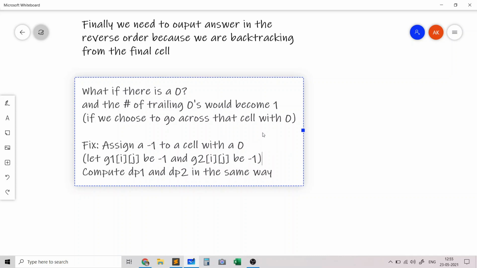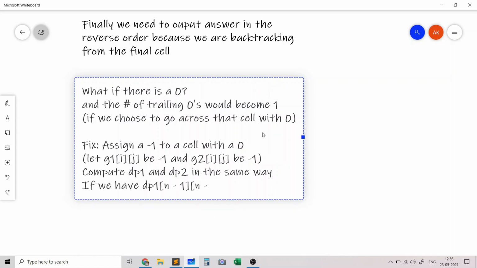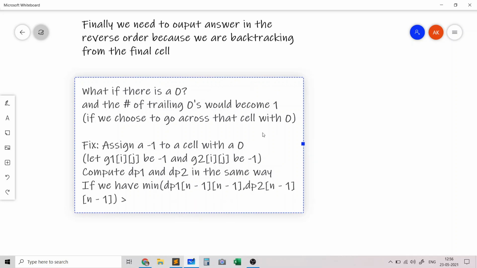Once you have computed dp1 and dp2 in the same way, if the minimum of dp1 of n-1, n-1 and dp2 of n-1, n-1 is greater than 1, then we choose the path with a 0.